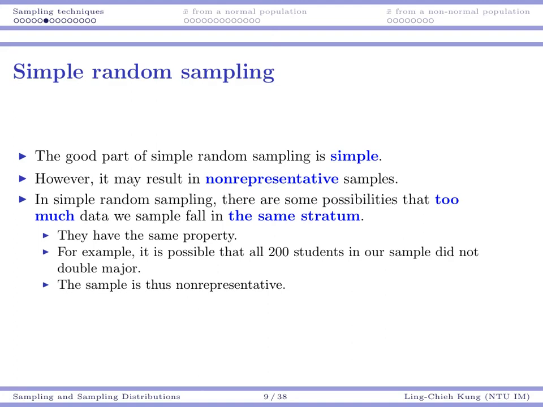For example, when we select 200 students, it's possible that we are unlucky and all those 200 students did not double major when they were undergraduate students. If that's the case, then our sample mean will be underestimating the population mean, the mean of all the 1,000 students. So we may need to take this into consideration when we do sampling.